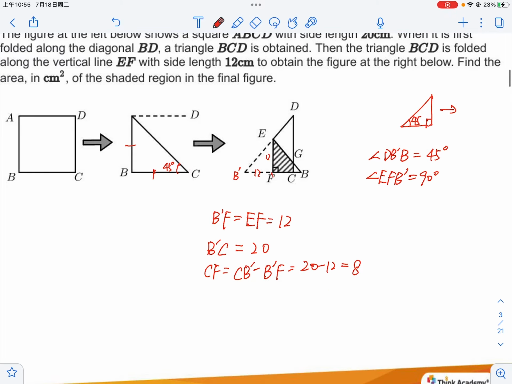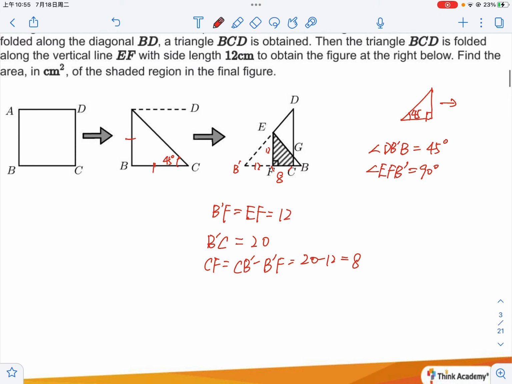We fold this triangle, which means BF equals B prime F, which equals 12. So can you calculate BC? BC equals BF minus CF, so the answer is 12 minus 8 equals 4.